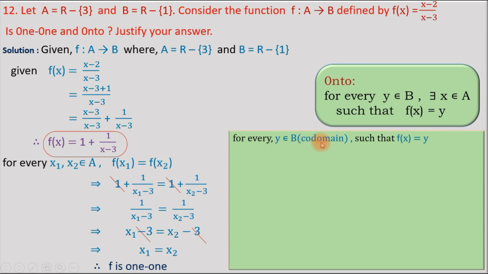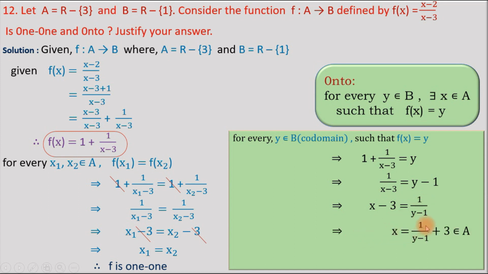For the onto condition, for every y belongs to B, the codomain, such that f of x equals y, we need to check whether x belongs to A, the domain, or not. For that, f of x is 1 plus 1 by x minus 3. This implies 1 plus 1 by x minus 3 equals y. So this means 1 by x minus 3 equals y minus 1. Take reciprocal on both sides. x minus 3 equals 1 by y minus 1. So x equals 1 by y minus 1 plus 3.